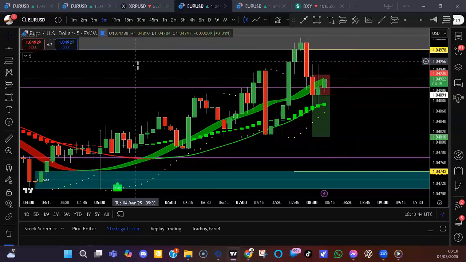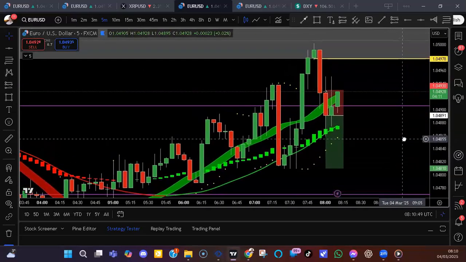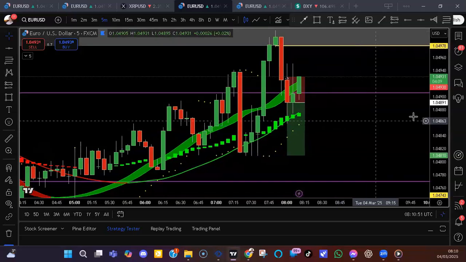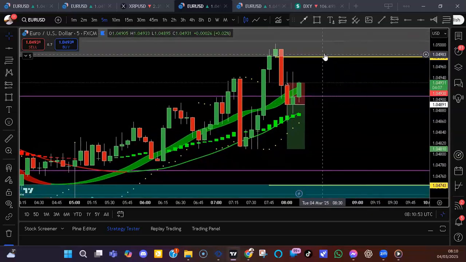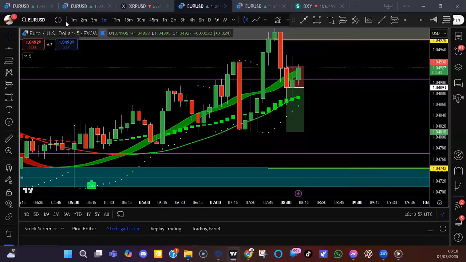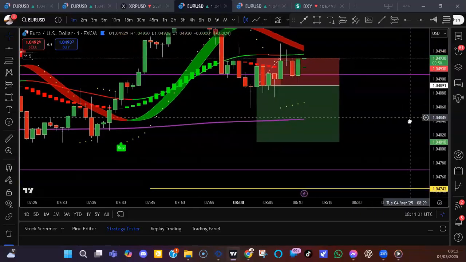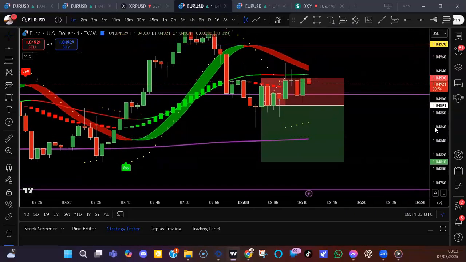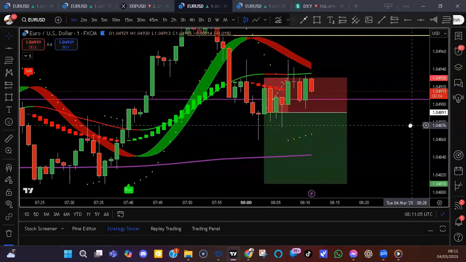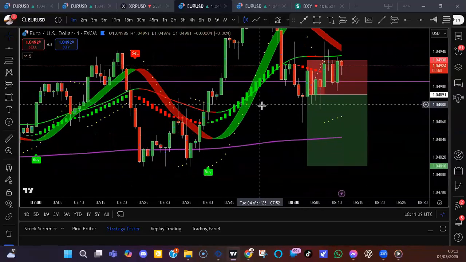So I don't intend to place any more trades because we're coming on to the sell zone anyway. Again, unfortunate. We had a go. Only cost me 1%.